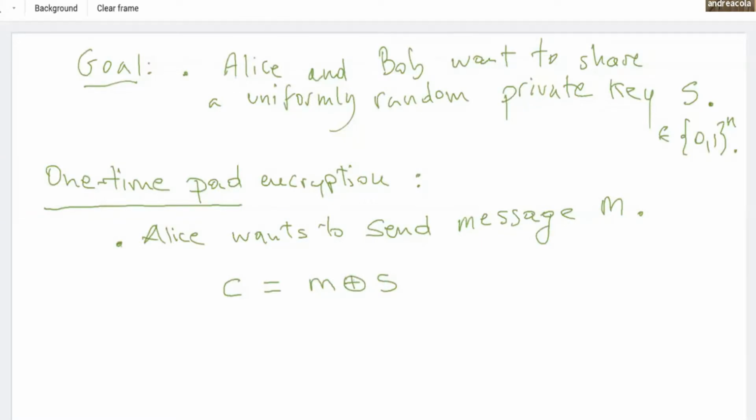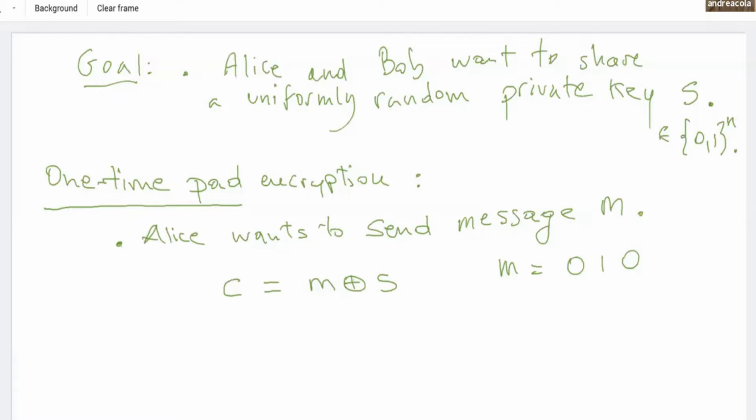What I mean by this is, let me give you an example. Let's say that the length of S and M is 3. For example, M would be the message 010. Of course, you can encode any message you want, let's say the message could be let's get ice cream at 4 p.m. Any message of that kind can be written in binary. Here we're working in binary.